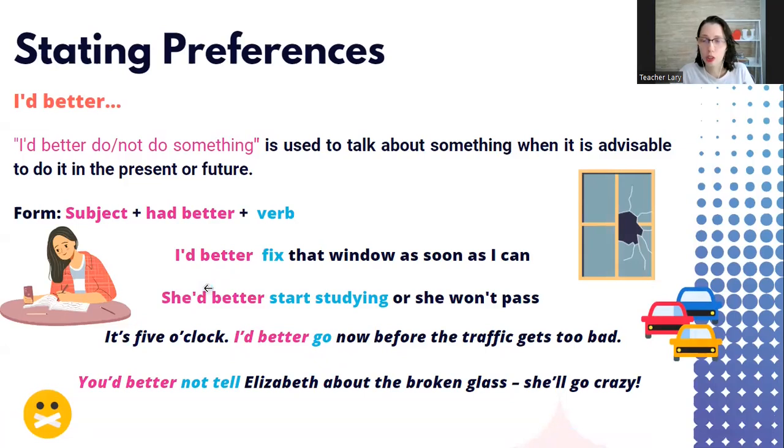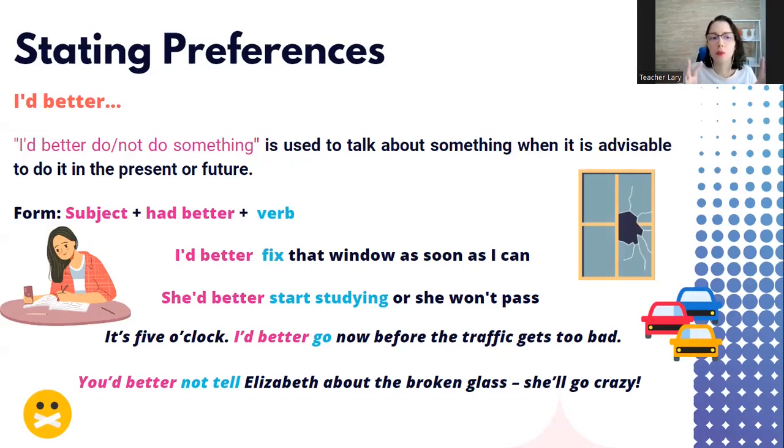Here, guys, maybe you're thinking about should. We use should when we want to talk about something that we think is a good idea or to make suggestions. What's the main difference between had better and should? The difference is I use had better when I want to give the idea that if this person doesn't do this, something bad may happen.